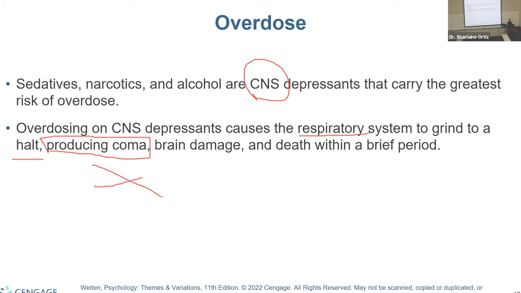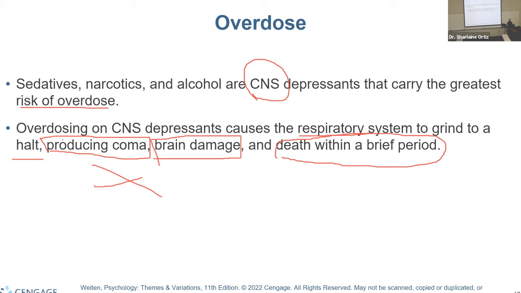And because of that, we can start having aspects of brain damage and an increased risk of death in a very short amount of time, right? So whenever an individual is at risk for overdose, notice that it's, I hate to say, a very snappy event.